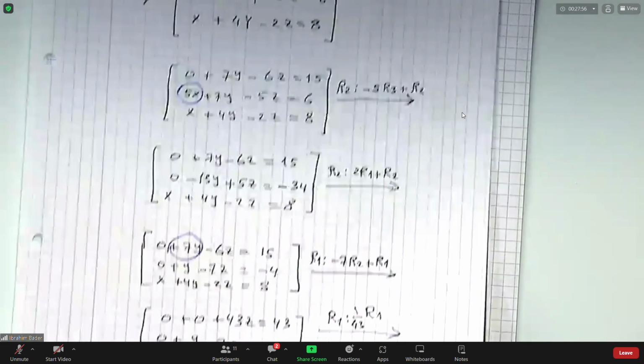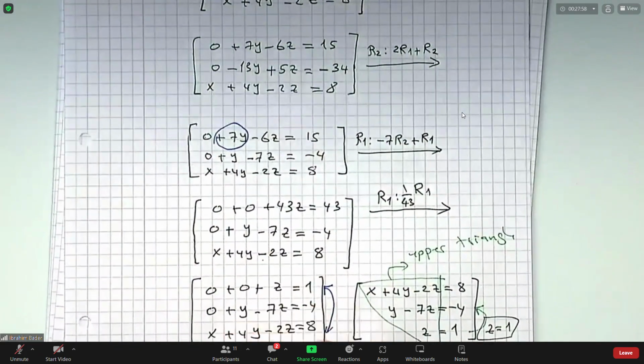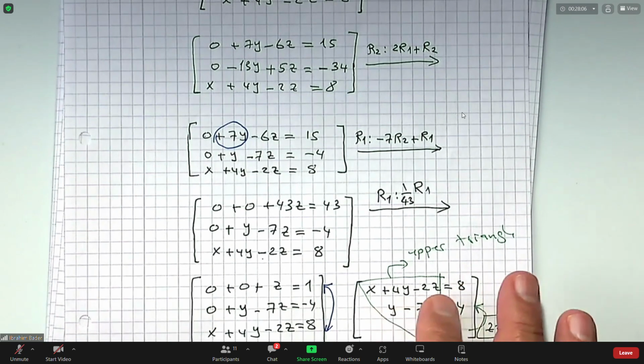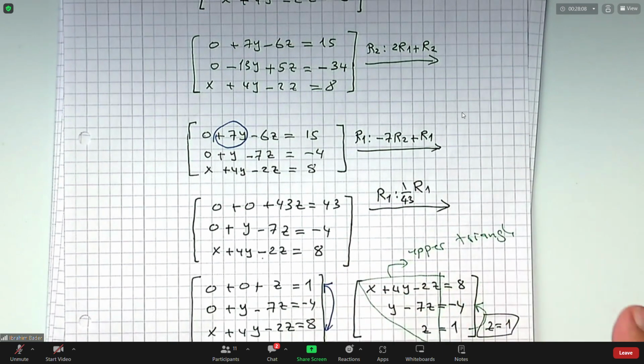And I told you this is referred to as the Gauss elimination method. As you see here, we can continue with reduction. So we had z equals 1. We can continue, for instance, by eliminating this z here, this y, and this z, and only leave the diagonal.